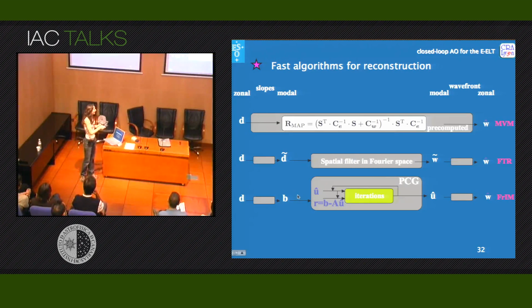So we have studied the long exposure Strehl in K-band. We obtained with the various algorithms in closed loop.